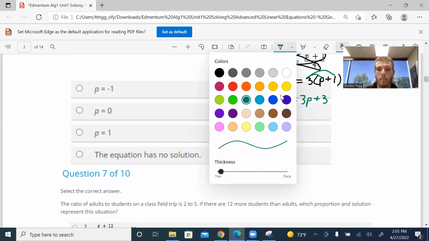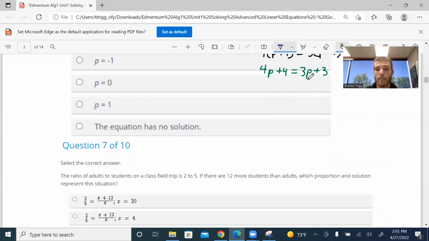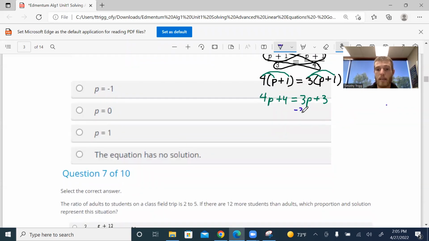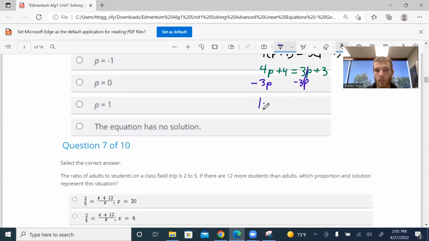Here I've got p's on both sides of the equation, so I'm going to subtract 3p here to cancel it. That way I won't have any p's on one side. To keep it balanced, I have to subtract 3p from the other side. This is the subtraction property of equality.